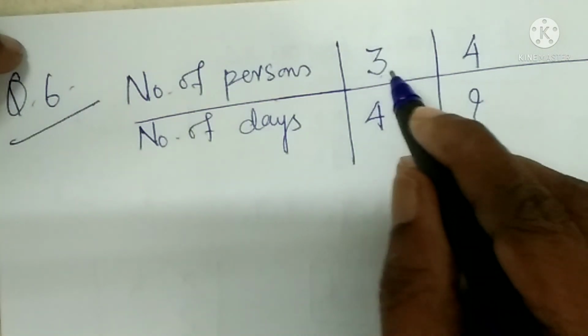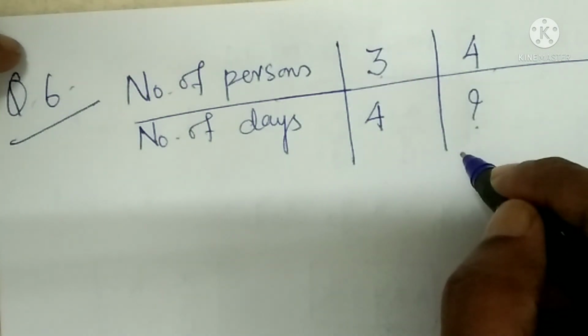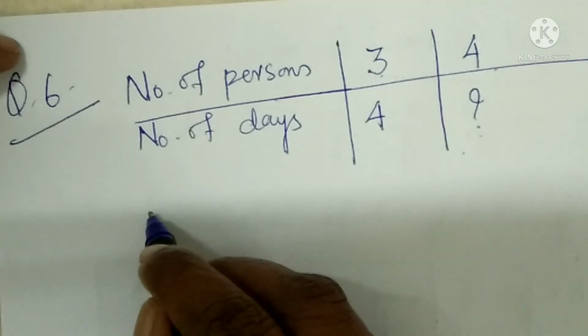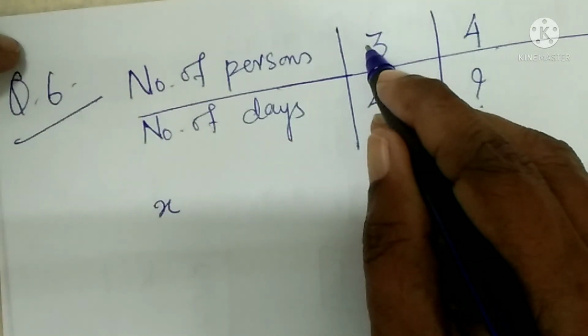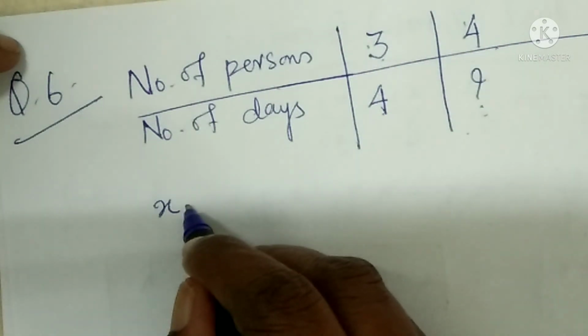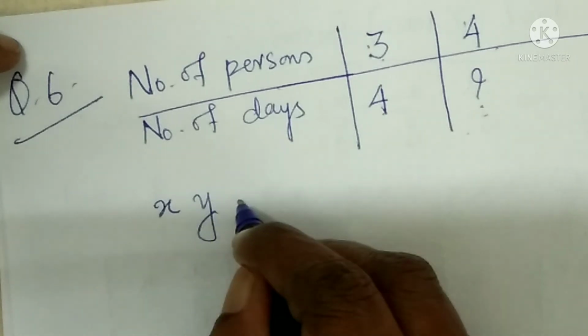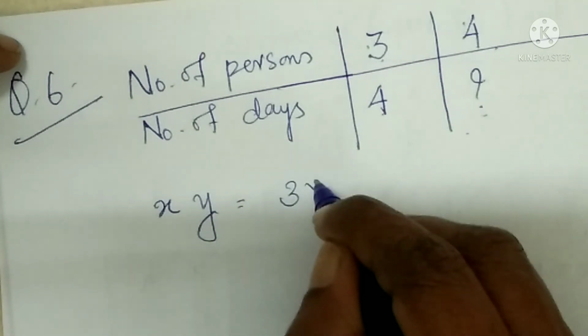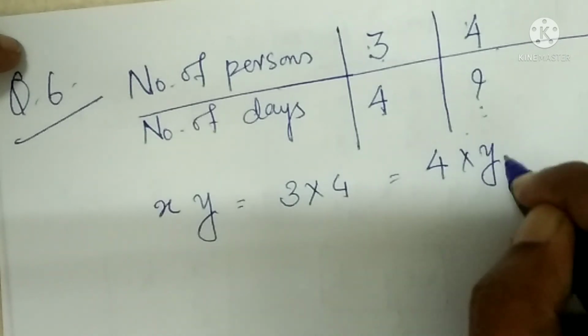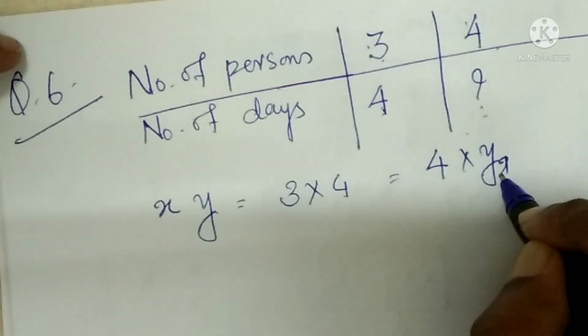Again here, when the number of people increases, they will take less number of days, that is, it will decrease. So if you take this as x1, this is y1, x2, y2. So x into y is equal to 3 into 4 is equal to 4 into y2.